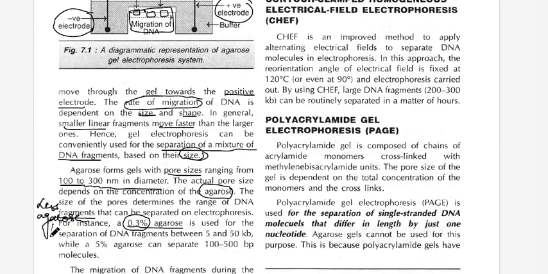Less agarose will separate bigger fragments. A 5% agarose, when it is more, is used for smaller fragments, 100 to 500 base pairs. When agarose concentration is more, the pore size will be even smaller, and it will separate the smaller fragments.